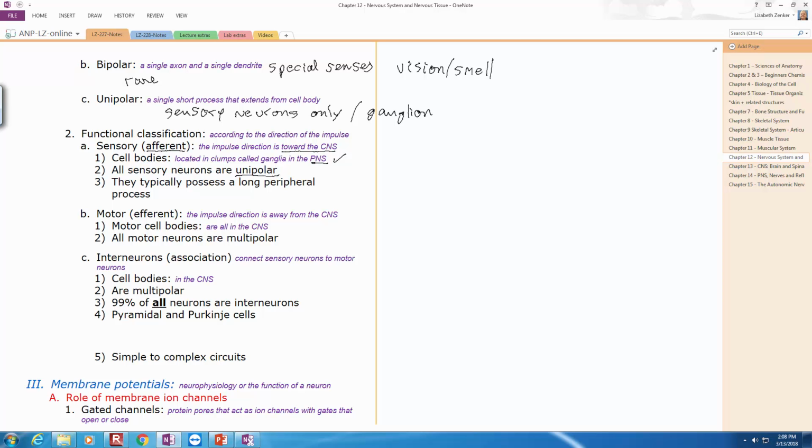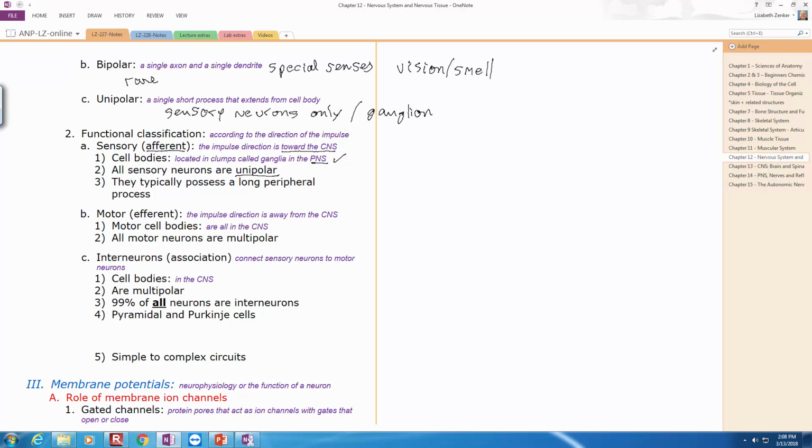Your dorsal root ganglia, the cell body, is right next to your spinal cord. It just exited the spinal cord. That's where the cell body is, and one of its axonal processes goes all the way down to your big toe. Ganglia are just outside the vertebral column. I said that. Good.